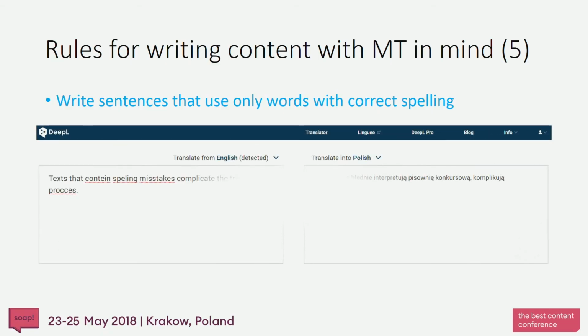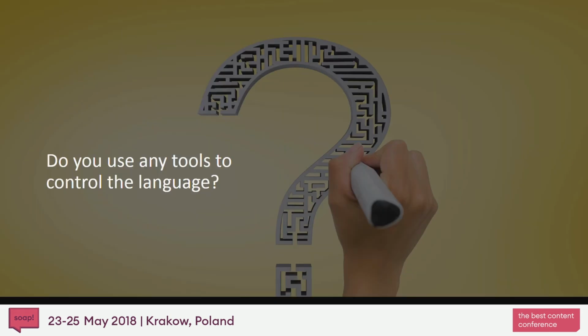And one more simple thing: a human would probably translate a sentence with such a tiny spelling mistake without even thinking of it. But a machine got totally misled by just one extra S here. So spell checkers all of a sudden became much more important.